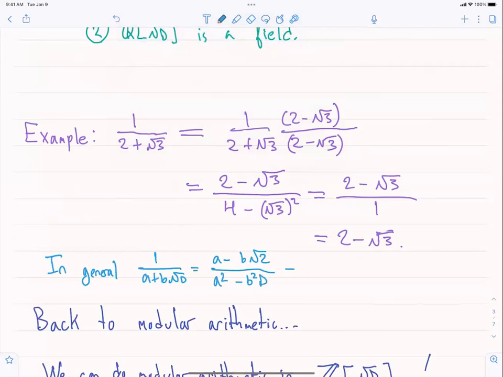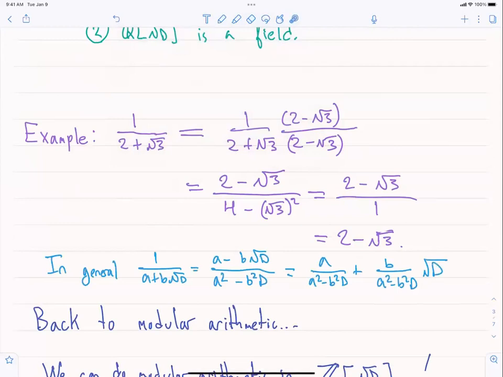And so this is equal to A over A squared minus B squared D plus B over A squared minus B squared D times square root of D.